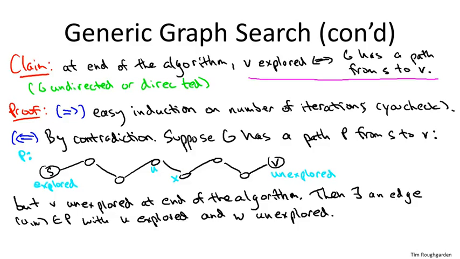As long as there's such an edge, it's going to suck in that unexplored vertex into the conquered territory. It's going to keep going. So the upshot is there's no way that our algorithm terminated with this picture, with there being an edge UW, U explored, W unexplored. So that's the contradiction. This contradicts the fact that our algorithm terminated with V unexplored.